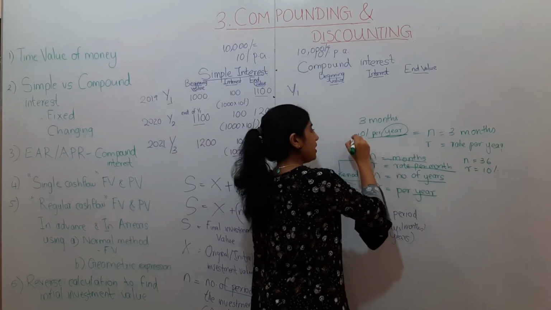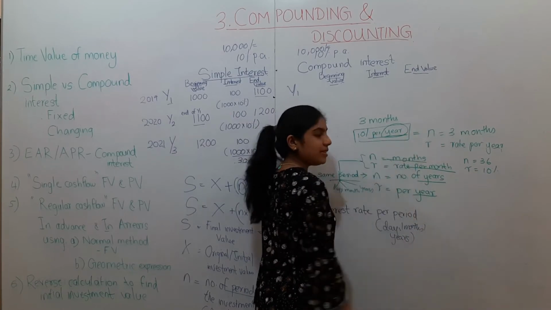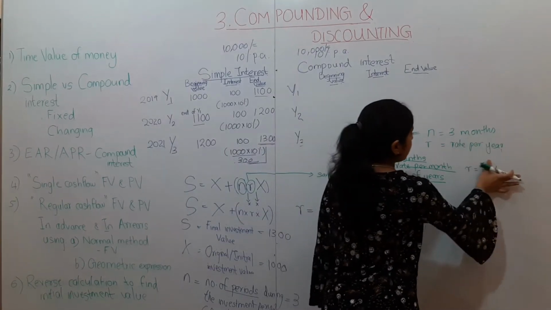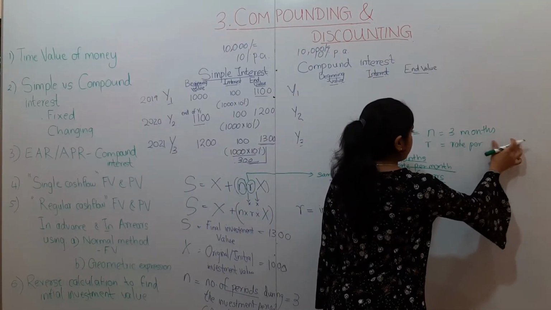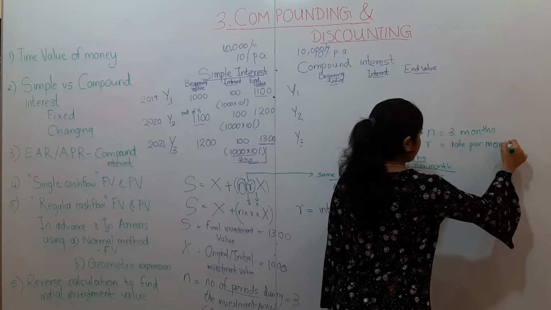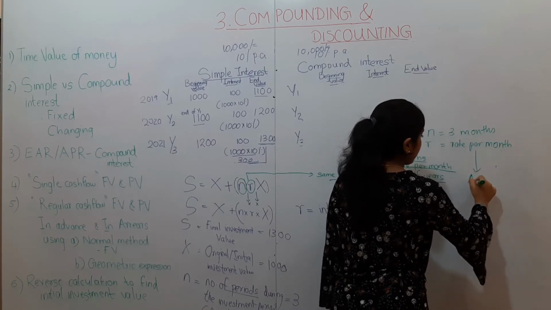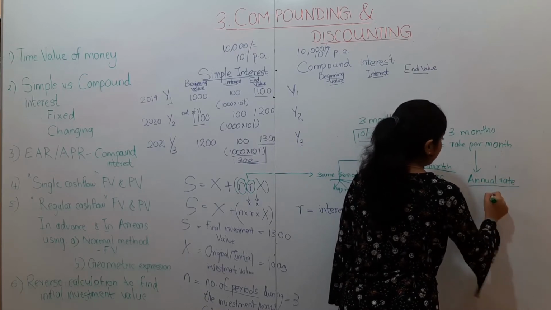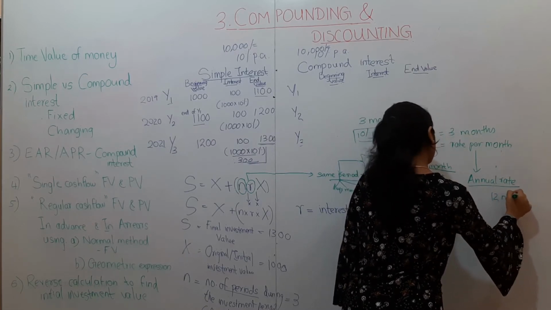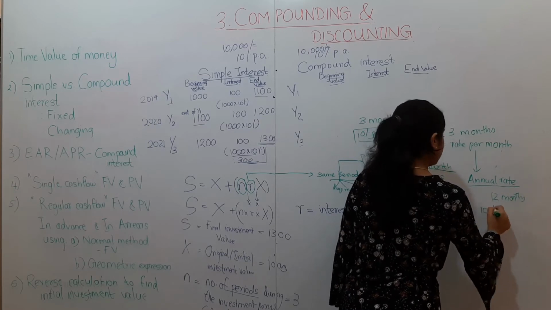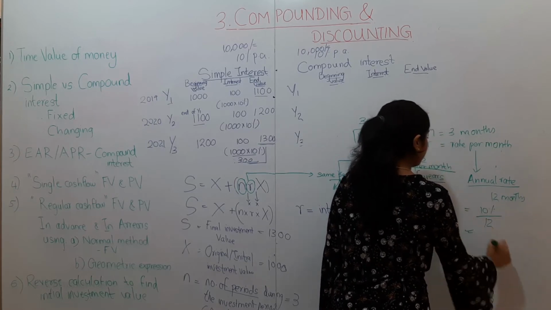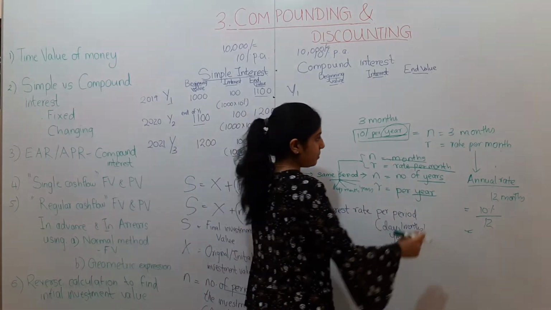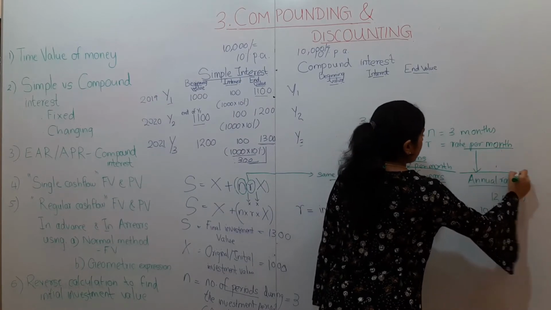How can we convert an annual interest rate into a monthly interest rate? Take down this formula: rate per month equals annual rate divided by 12 months. So annual rate is 10%, divided by 12, will give your monthly rate.